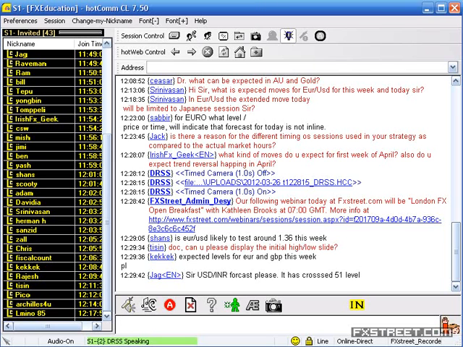In Irish, what kind of moves do you expect for the first week of April? They are expected to aggressively gain again during the first week in the case of Euro and GBP. And as we have seen, in the month of March they have made more of a sideways move. They may not be dropping much after the first week of April.